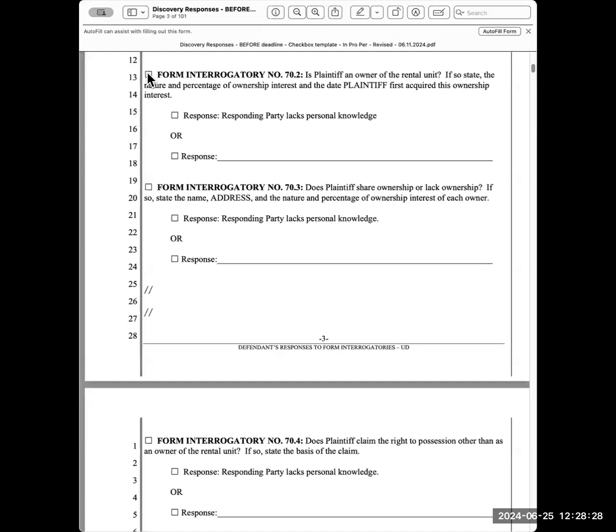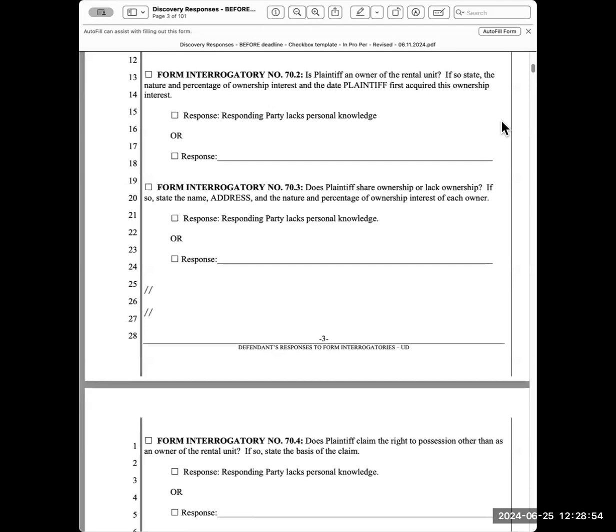If 70.2 is checked in your form interrogatories, the question is asking: is the plaintiff an owner of the rental unit? If so, state the nature and percentage of ownership interest and the date plaintiff first acquired this ownership interest. This is typically a question asked of the landlord, because this is information the landlord would know.